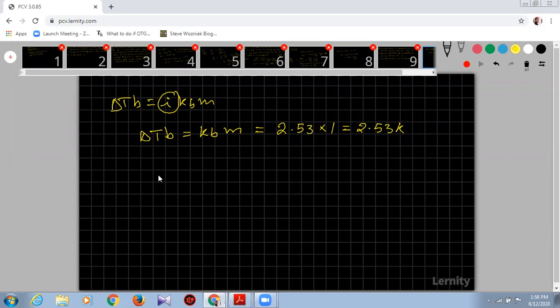Now i is equal to observed colligative property by theoretical colligative property. What is the observed CP? It shows delta TB, 1.518 Kelvin.